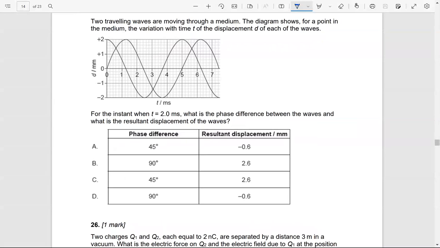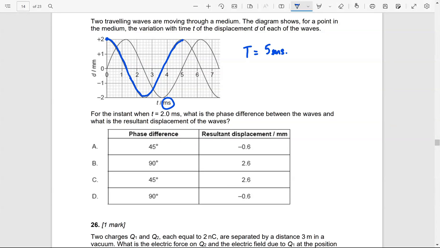If we take a full wavelength, we can see that the first wave, the blue one, ends at 5. So the period is 5. Milliseconds, sorry, I've just looked at the units here. Milliseconds, not that that matters, but the period is 5.